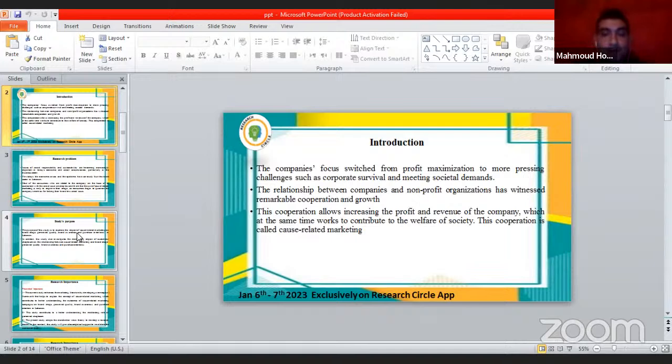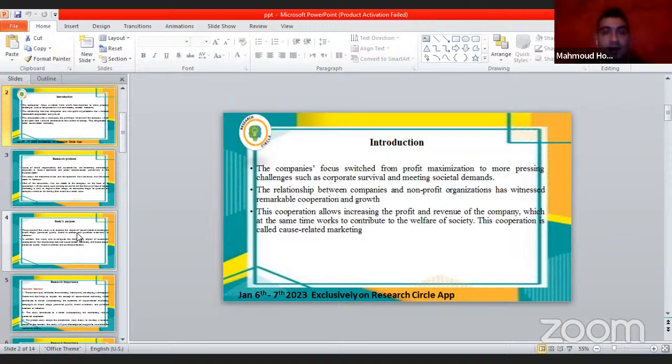In this study, the input of cause-related marketing was that companies provided a worthy cause first, then gave some of their sales to non-profit organizations, and whether this organization is suitable.